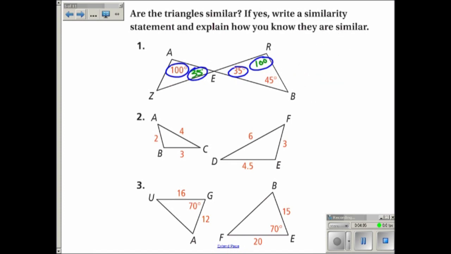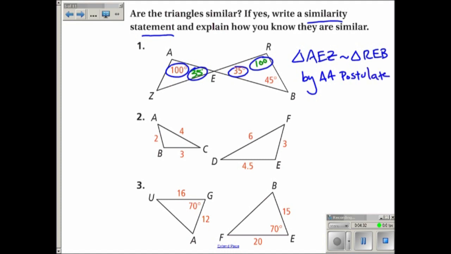Let me write out the similarity statement. The similarity statement is triangle AEZ is similar to, that's what that symbol means, triangle REB. And I will say by the angle, angle postulate.